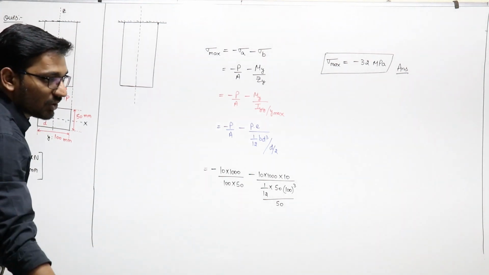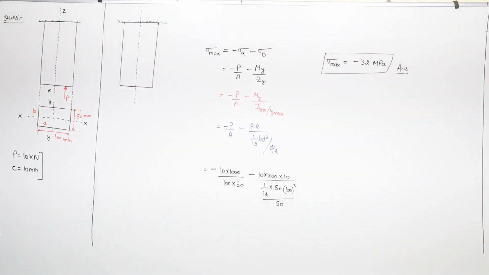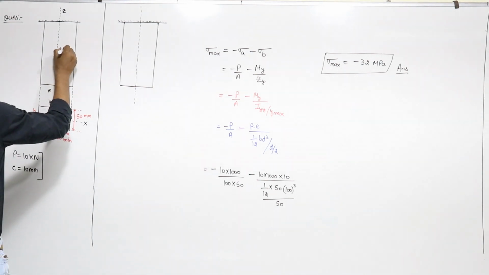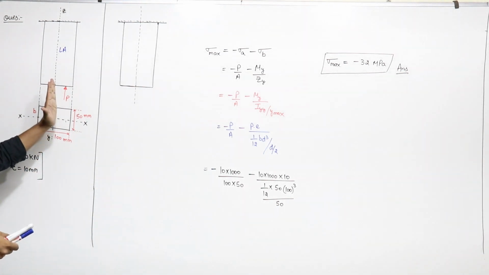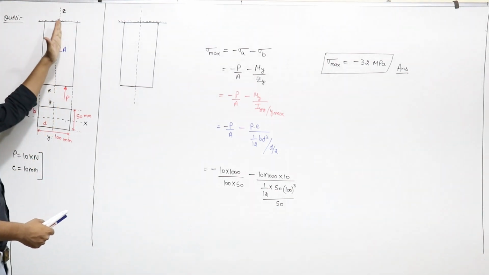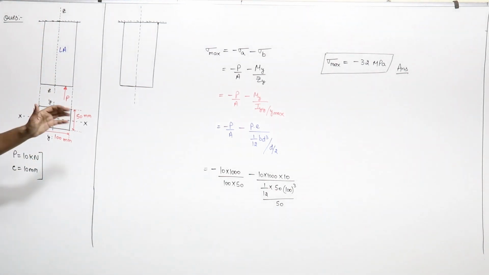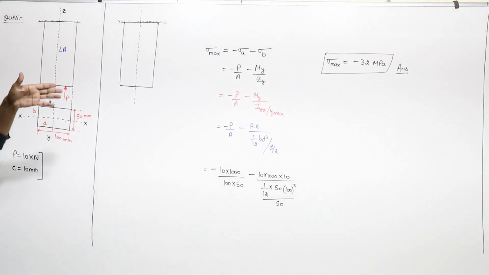The z-axis is the longitudinal axis, and the load P is perpendicular to the cross section, parallel to the longitudinal axis, but it will not pass through the longitudinal axis.